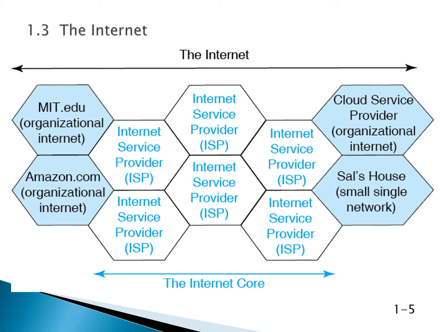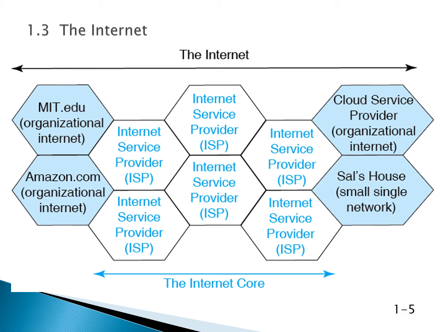For example, if you are using your network at home, you will connect to the internet through your service provider like HKBN, Hong Kong Broadband, or PCCW, or some other internet service provider.